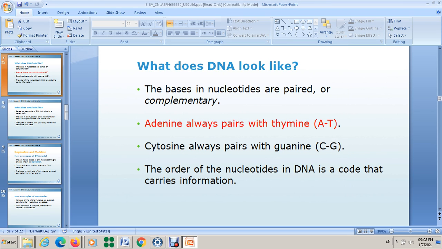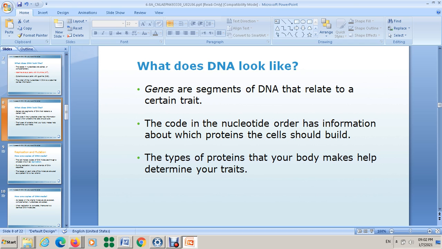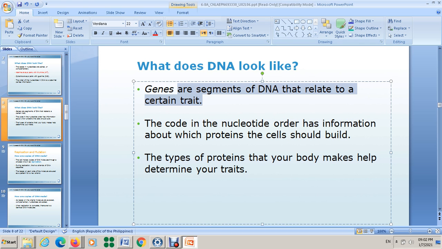These codes in the DNA, each segment of the DNA, if you remember, we said a gene is a segment of DNA that relates to a certain trait. If you take a segment of DNA, it's a gene, and this gene is responsible for what? For a certain trait. So the code in the nucleotide order has information about which proteins our cell should build.